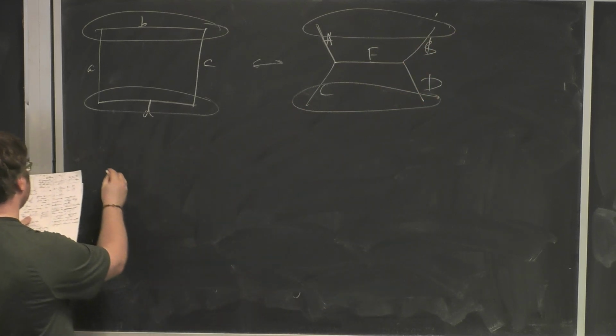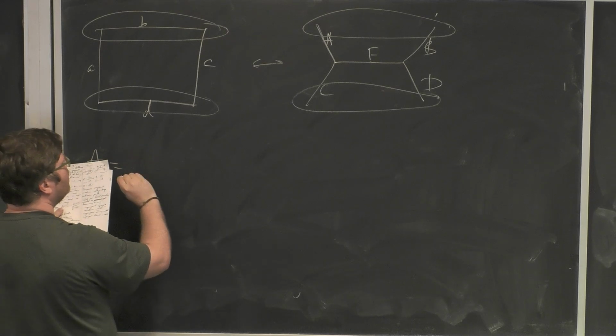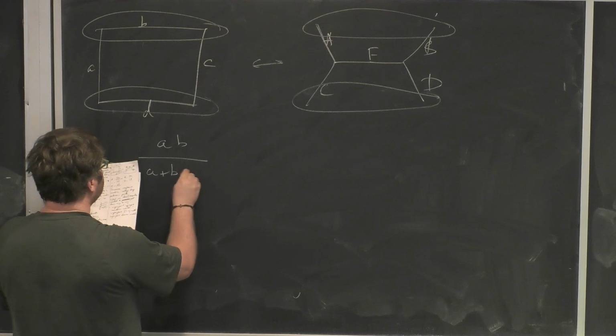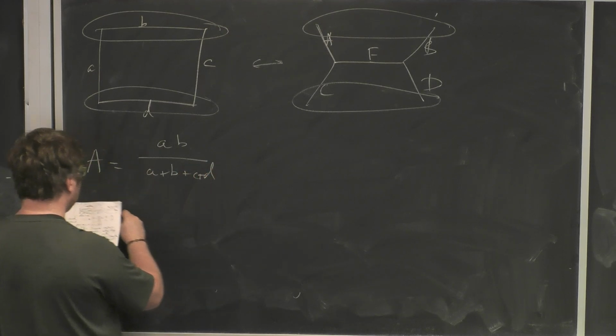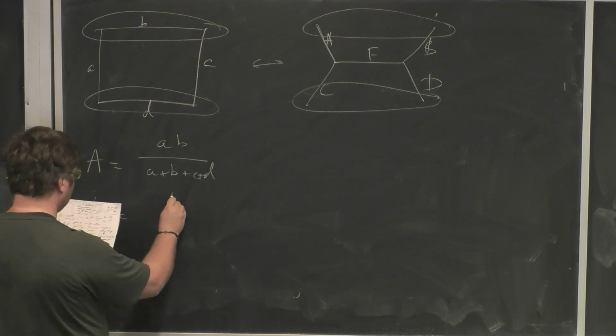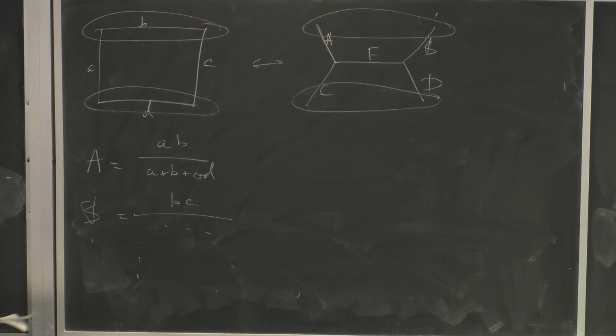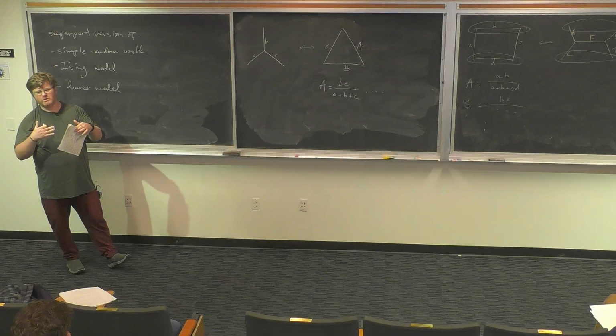And there are some precise formulas again, like A will be equal to AB over A plus B plus C plus D, and I can keep writing. So B equals BC over the same denominator, etc. So you can write explicit formulas. And this local transformation will preserve the response matrix, but also it will preserve the drop in potentials between the two ports.